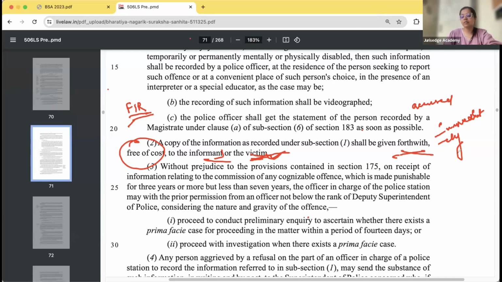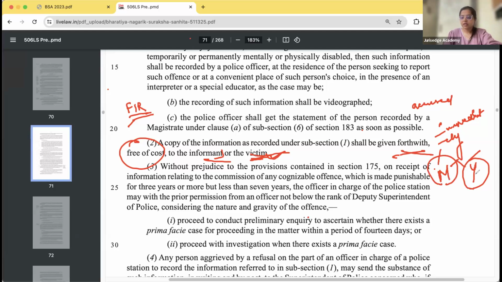Why? Because there can be two different persons. Suppose I see a person committing rape on a girl. I was passing by some shop and I see this. She was shouting, so I go to the police station and report the offense. I am this person, I am M, and I have seen a rape being committed on Y.